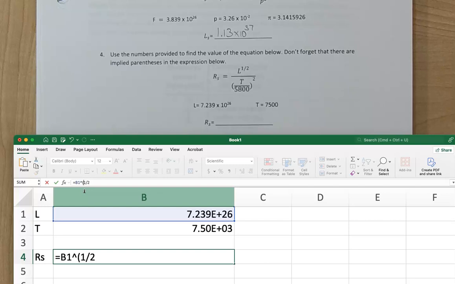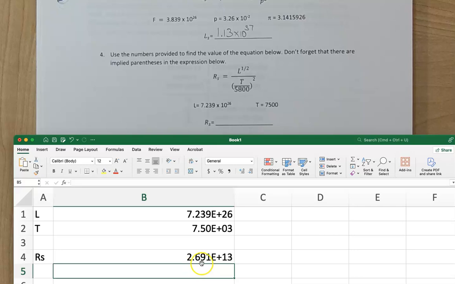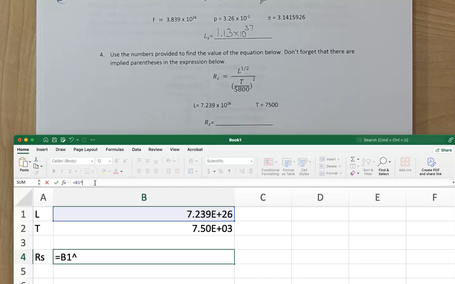So if I wanted to take this to the 1/2 power, I could wrap the 1/2 in parentheses so that it would take 1/2 as the power of L, which would be fine. That would give me 2.69 times 10 to the 13. Or there's an easier way to do this, right?